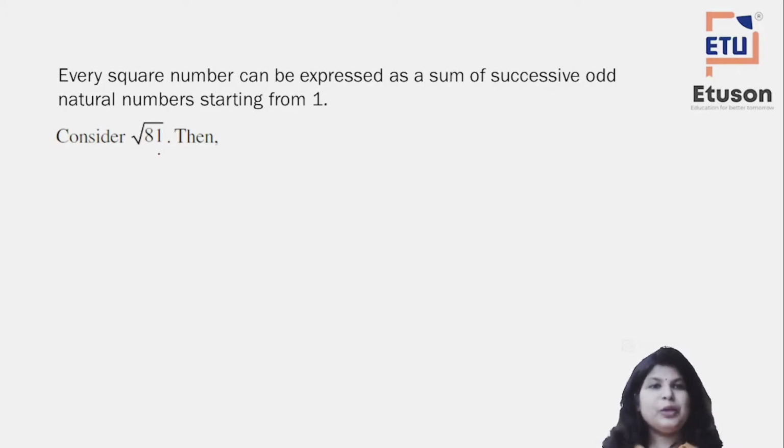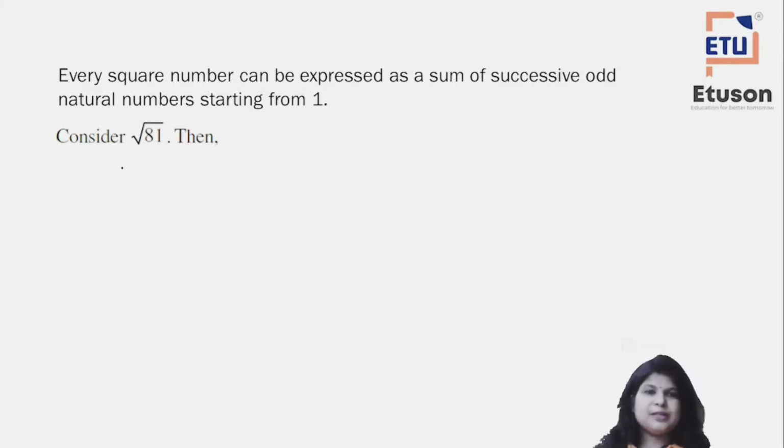How do you know? Because it can be expressed as the sum of successive odd natural numbers. Correct? So now let us see how, in the reverse manner, we can find out that 81 is a perfect square and what is the square root of 81. Okay? So let us start.